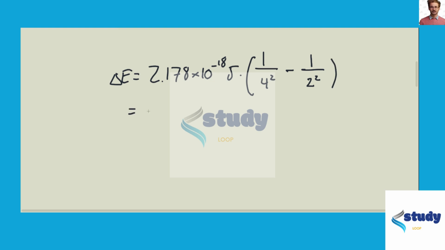So what's the inside of this equation? It's going to be 1 over 16 minus 1 over 4, which is the same as 1 over 16 minus 4 over 16, which is negative 3 over 16.